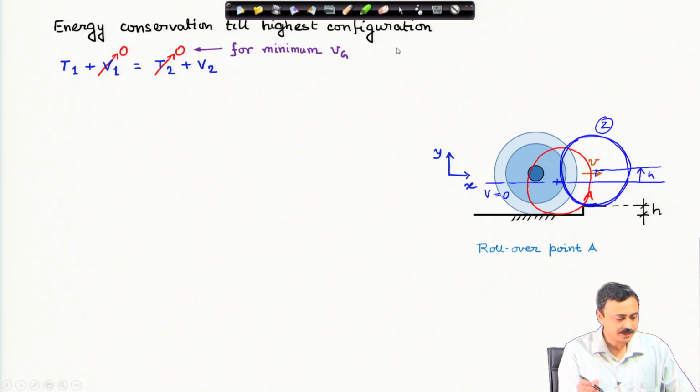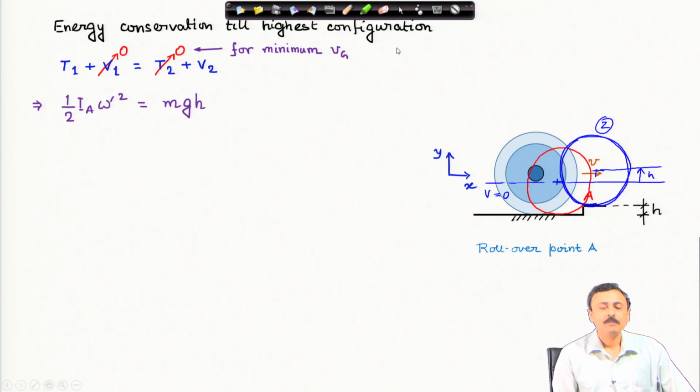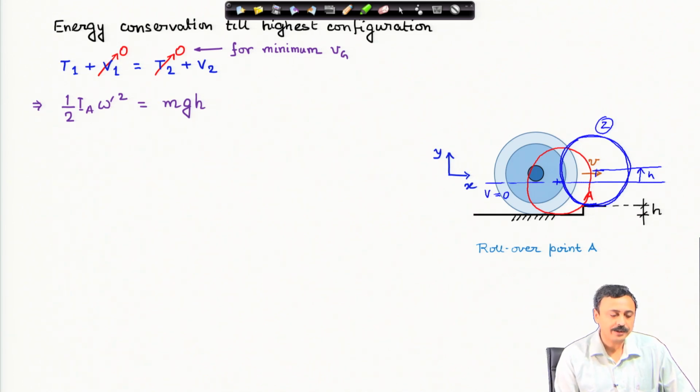Let us proceed with this calculation then. We know that the kinetic energy can be written as half I A omega prime square. It's considered to be hinged at A. Therefore, I can write kinetic energy as half I A omega prime square. This is in state 1, and that is equal to the net potential energy in state 2. The whole kinetic energy is getting converted to potential energy, and that is mgh.